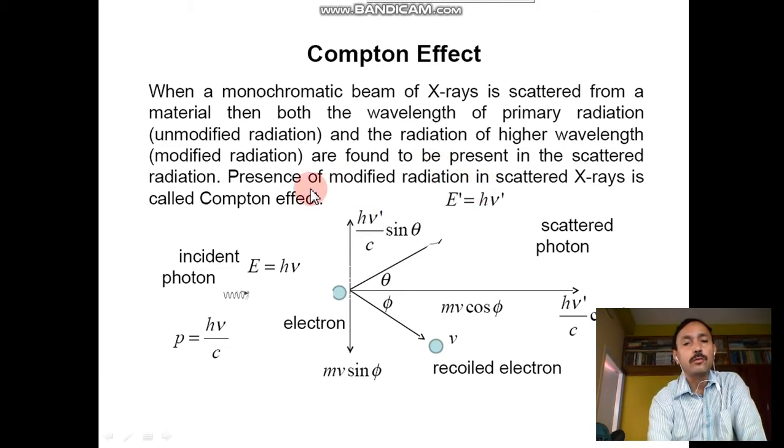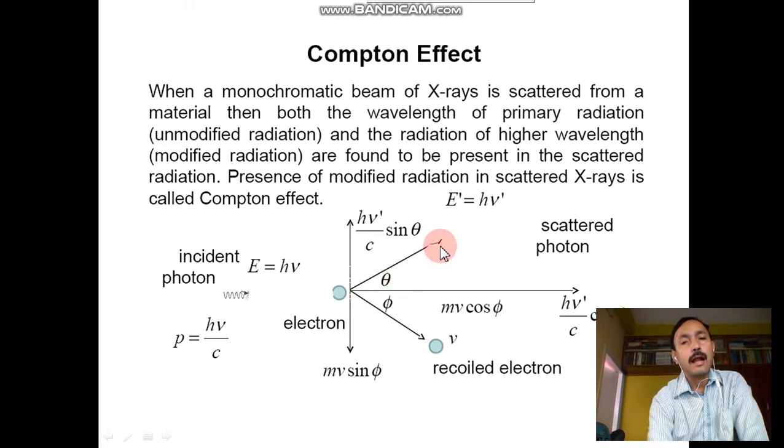This is the incident photon of energy h nu, and its momentum is h nu by c. Electron is at rest. As it is rest, so its rest energy is m naught c square, and its momentum is 0. Now, when the photon is incident onto this one, then after the collision, the electron is recoiled along this direction with an angle of phi with velocity v, and the radiation is scattered along this direction with an angle of theta.